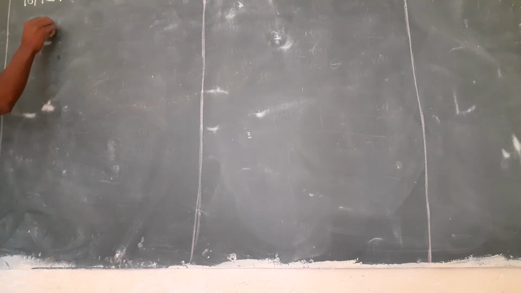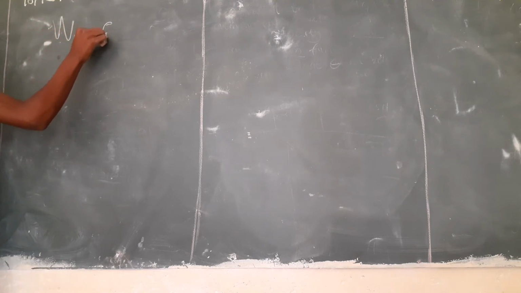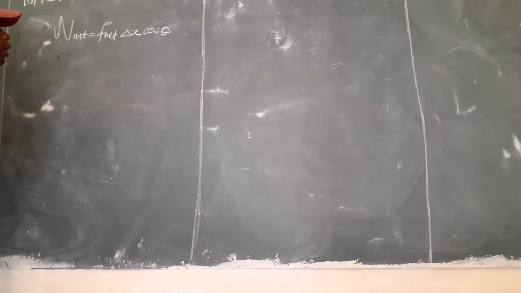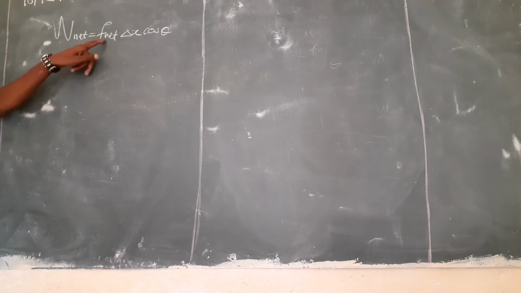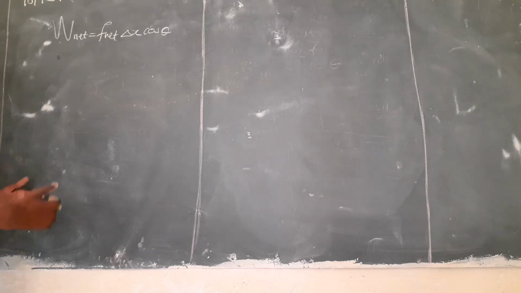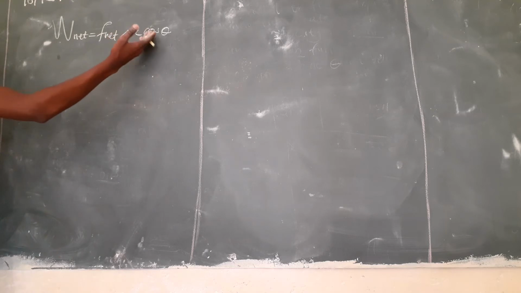So in work we have the first one, where work net equals F net delta x cos theta, where work net is the sum of the work done by the forces present on the object. Delta x is the distance that the object is going to cover, and theta is the angle; cos theta represents the direction in which the force is going. If the force is going in the positive direction, then theta is 0.